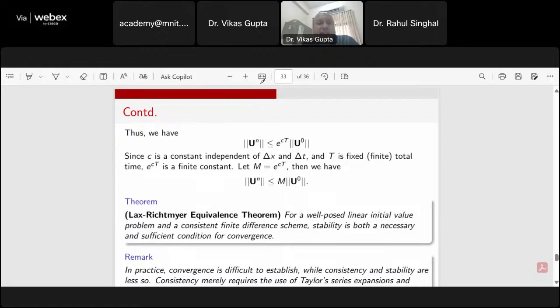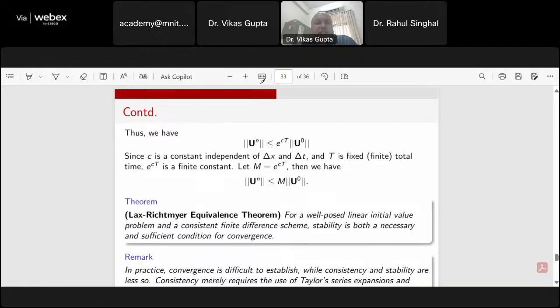Here, since C is a constant which is independent of delta x and delta t, and T is some fixed final time, total time, definitely e to the power CT will be some finite constant. It will be some finite quantity, and that small c doesn't depend on the mesh parameters, and T is some fixed final time. So definitely e to the power CT will be some finite constant.